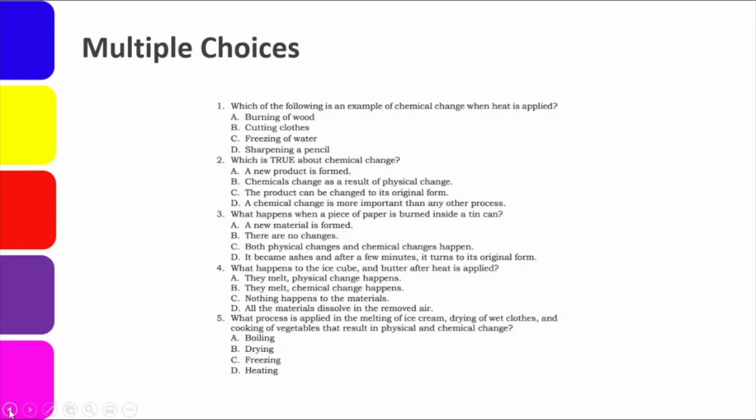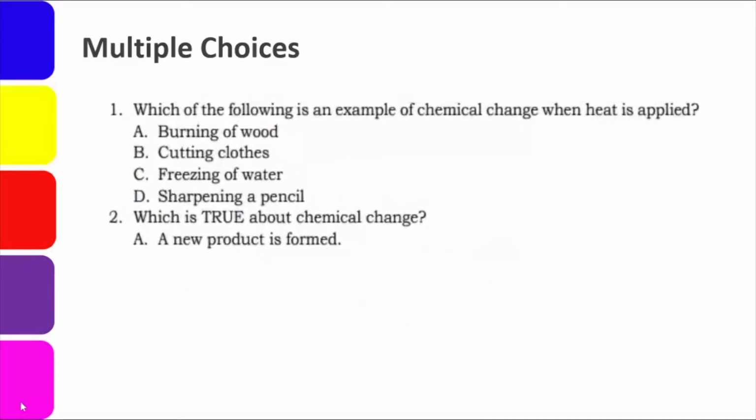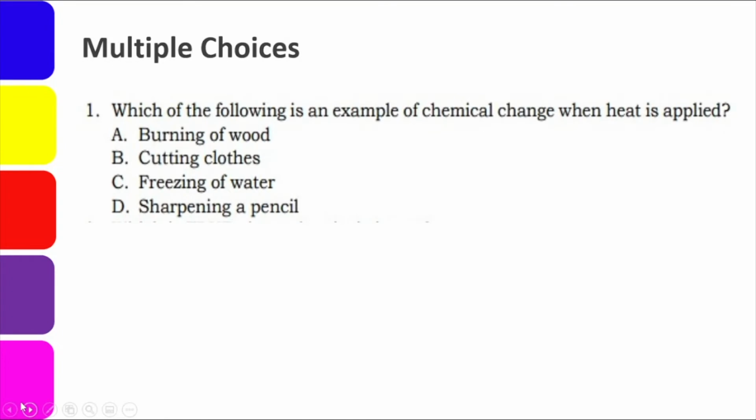Now, let's do a multiple choice type of activity. 5 items all in all. Sagutin natin bawat isa. So, for the number 1 question, which of the following is an example of chemical change when heat is applied? Ano sa A, B, C, D ang example ng chemical change pag meron daw presence ng heat? A. Burning of wood. B. Cutting clothes.